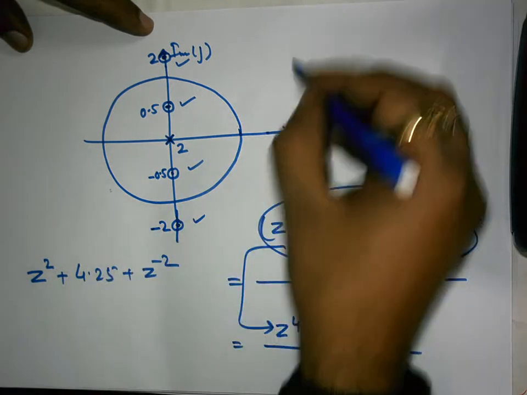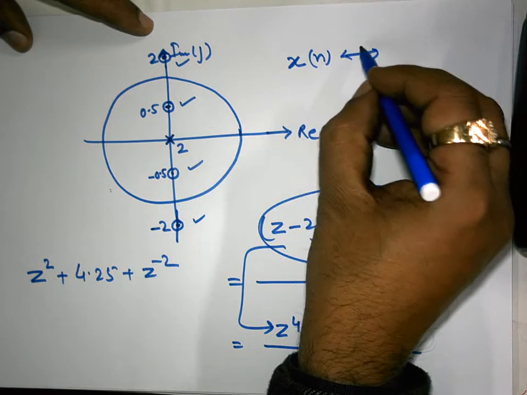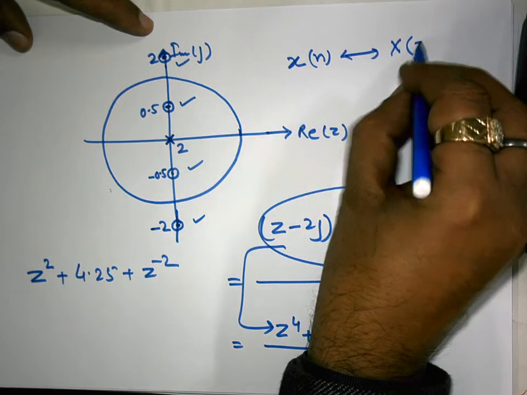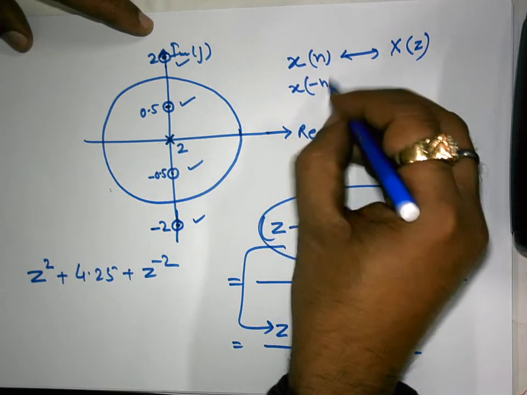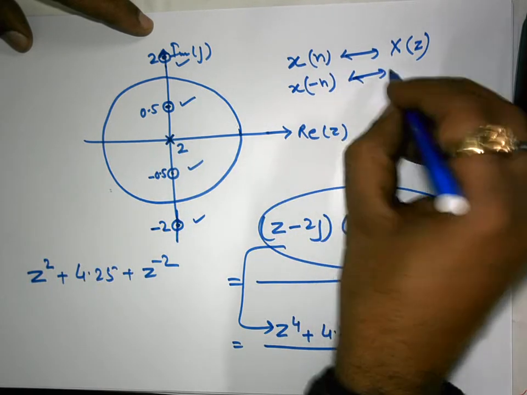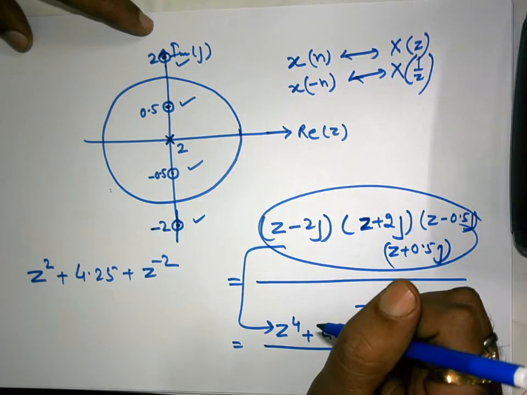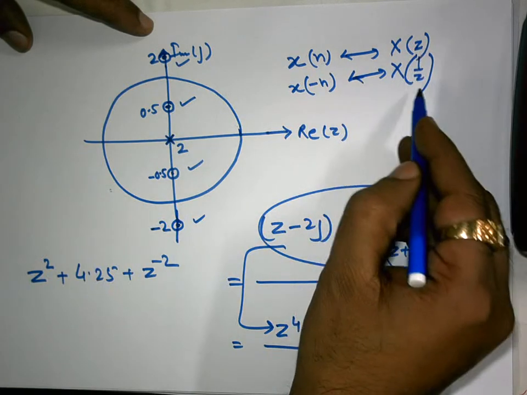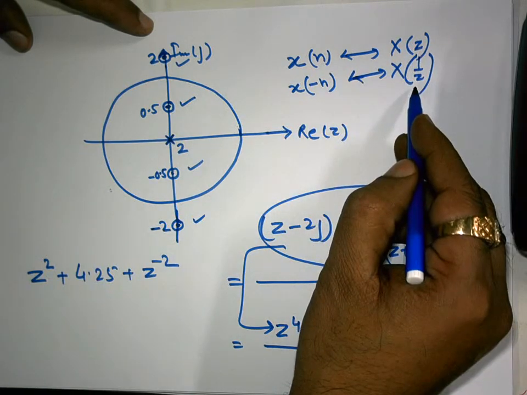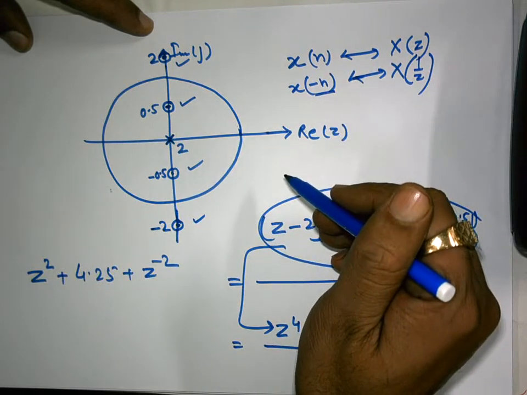Just by using the property, if we have the Z transform of a signal X(z), then the Z transform of the flipped version of this signal happens to be X(1/z). This means everywhere in place of z we have to replace it by 1/z in the Z transform, if we have to evaluate the Z transform of the flipped version of the signal.